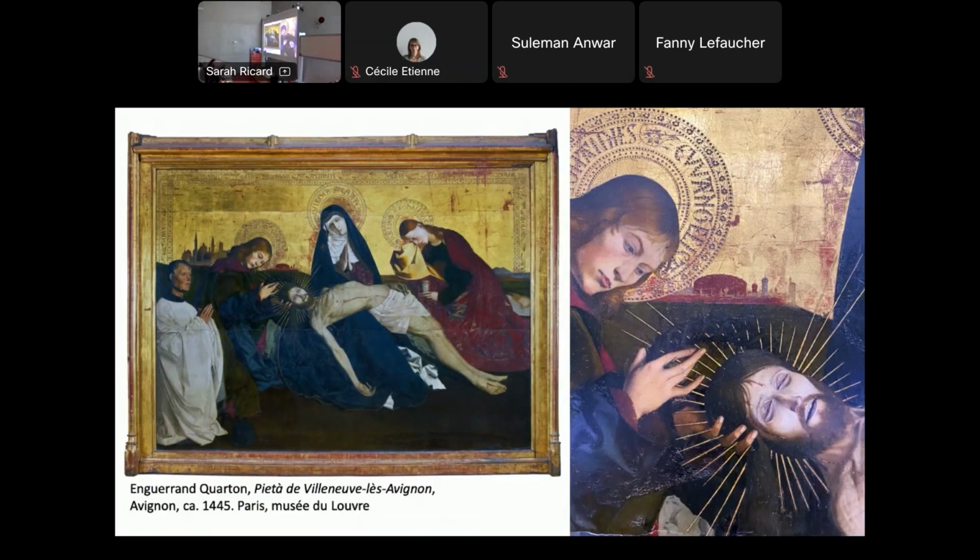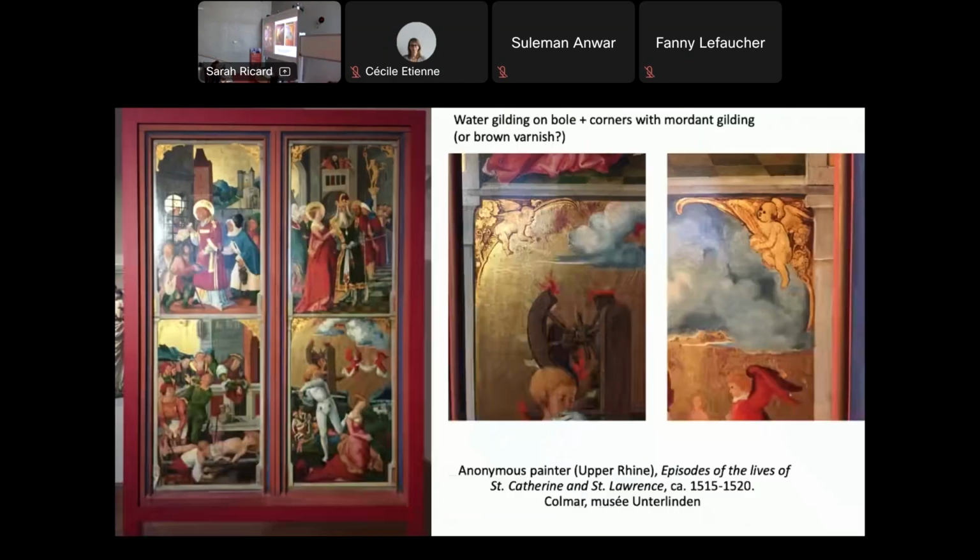This water gilded surface has been worked with punchwork in order to do the halos, and has also been painted with glazes that here depict the Heavenly Jerusalem in the landscape, and that is inserted on the board surface. And on top of that, we have these rays of the crown of Christ that are actually done with modern gilding, superposed over water gilding.